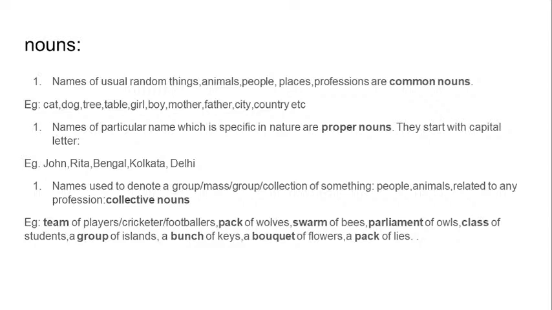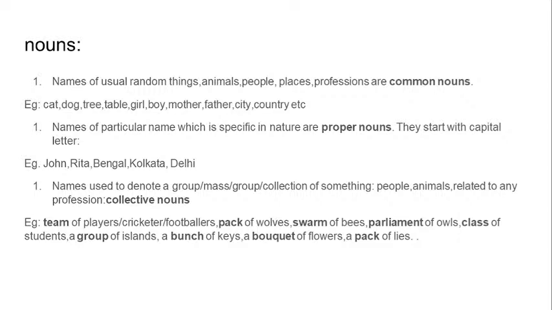Then comes swarm of bees, so more than one bee, a collection of bees. Owls also the same, parliament of owls. Class of students, the usual thing you have heard, like I am denoting you a class of students, right? So whatever your batch is, it's a collection of students.